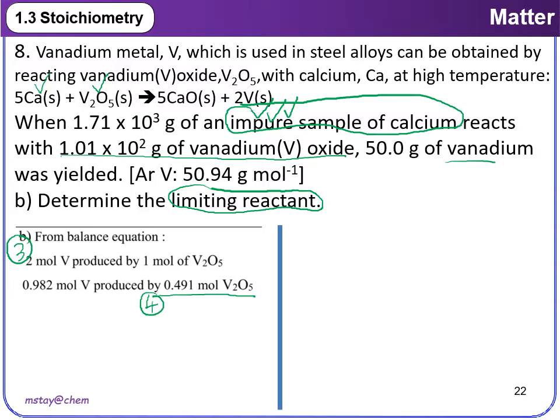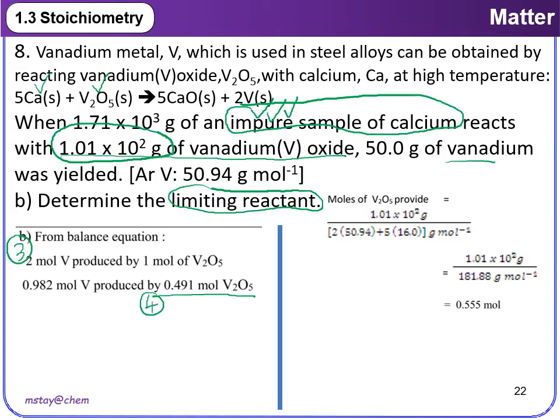So now we want to check how many mole of vanadium 5 oxide is provided. So we use mass over molar mass to determine the mole of vanadium 5 oxide provided. In the question here, the number of mole is given, and then from the stoichiometry comparison is needed.